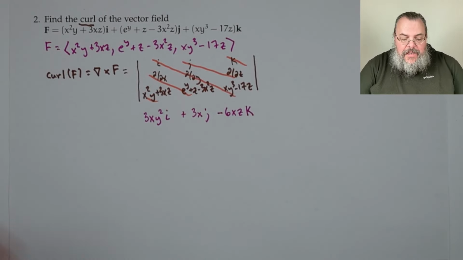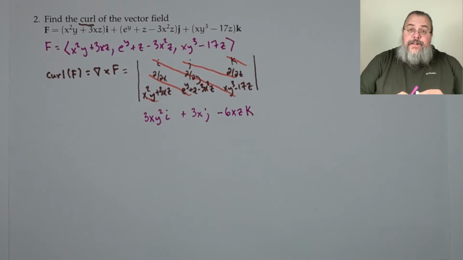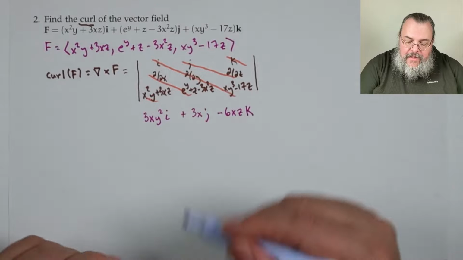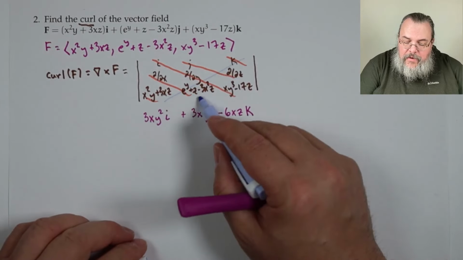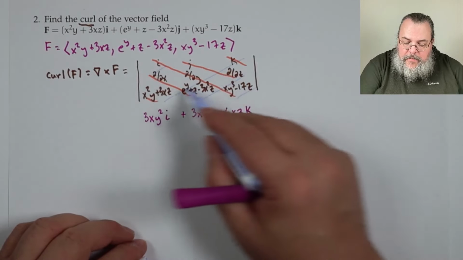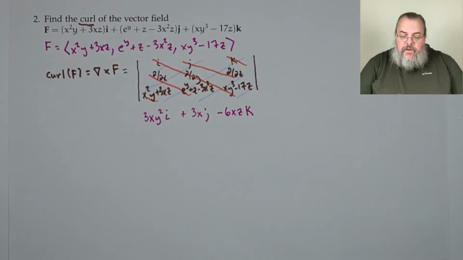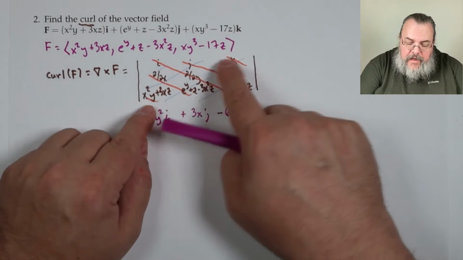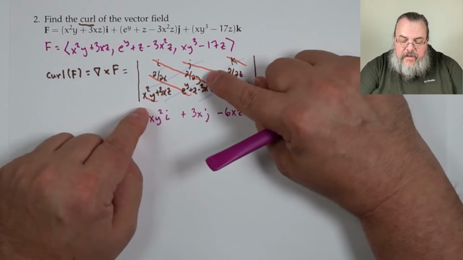But we have to do the other diagonals, right? You've got some downward diagonals. We also have upward diagonals. And so here, we've got to remember we have some other ones coming around as well. So, for our first diagonal, we have what? The k, partial y, and x squared y plus 3xz.